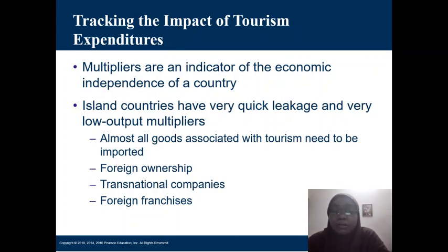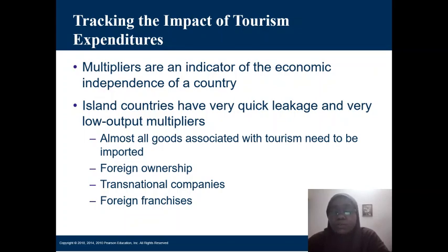Then there is a lot of foreign ownership of this industry too. Transnational companies are also likely to venture more into the tourism industry of destinations that have a low output multiplier. Then foreign franchises too.